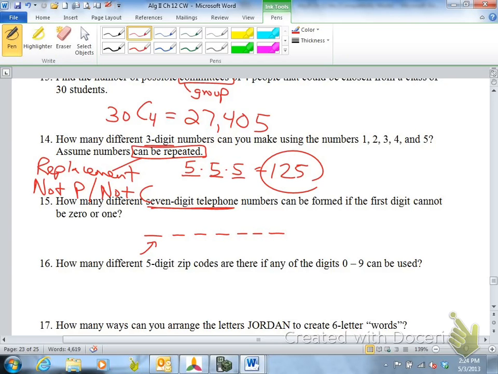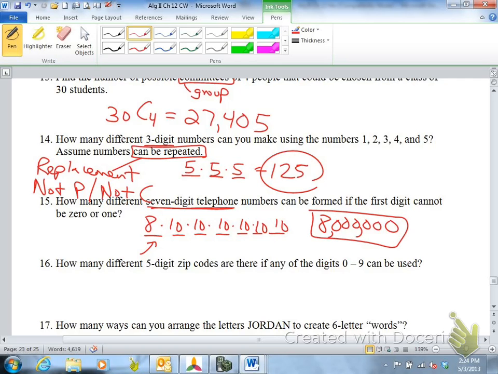So how many options do we have for the first? 10 options, but it can't be 0 or 1, so it's 8. And after that, you have 10 for everything else. 1, 2, 3, 4, 5, 6. So you have 6 zeros. So you have 8 million options.